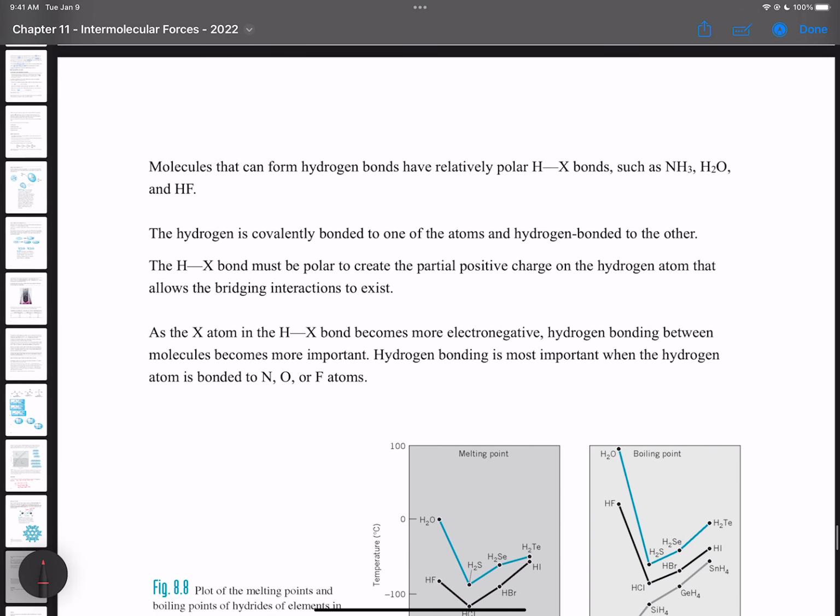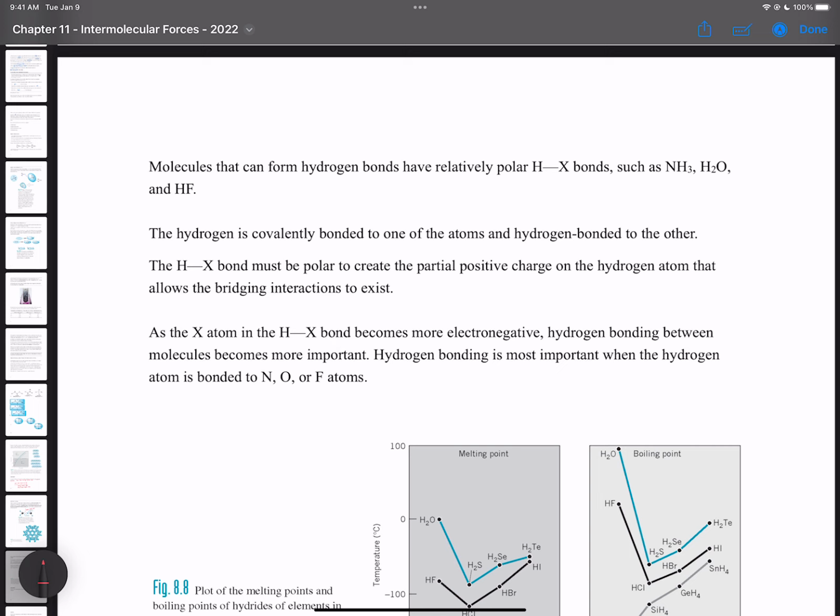Okay, so what can form hydrogen bonds? Molecules that can form hydrogen bonds have relatively polar H-X bonds, such as ammonia, water, and HF.